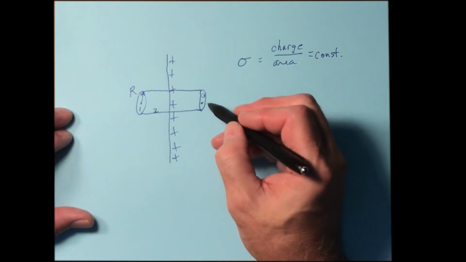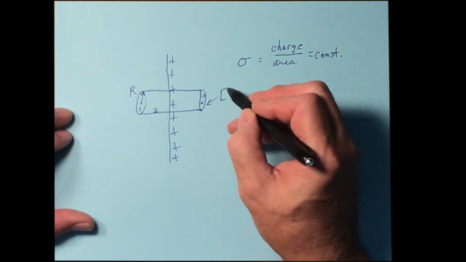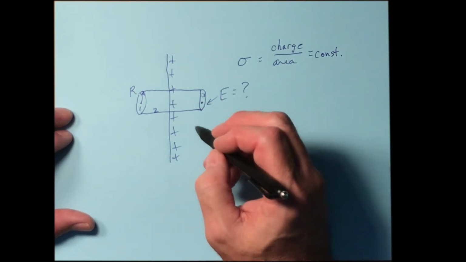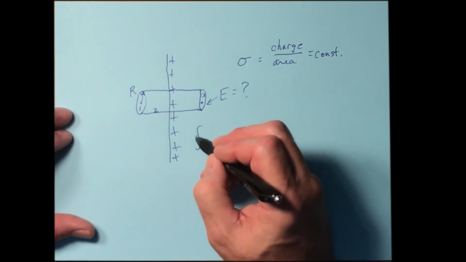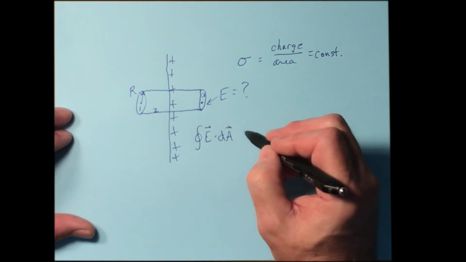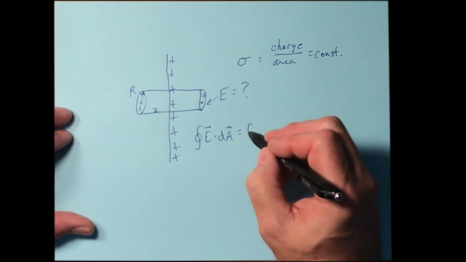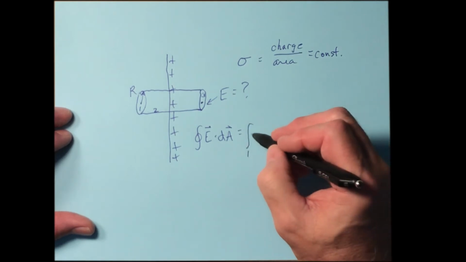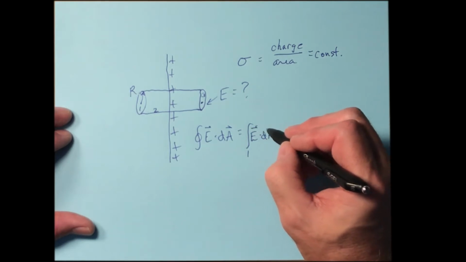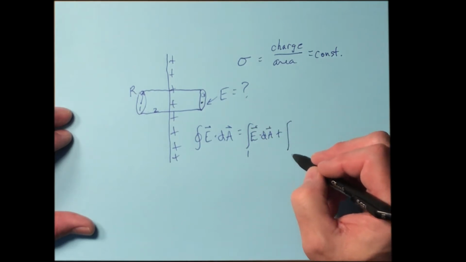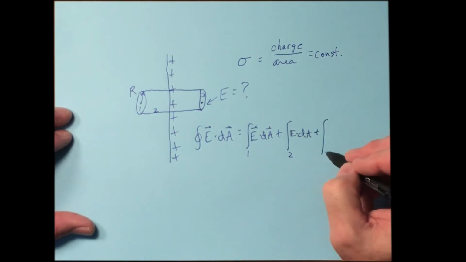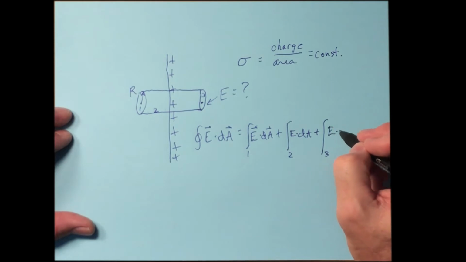Okay, I want to know the electric field at that point right there. So E equals what? Well, we can use Gauss's law for this. The closed integral of E dot dA is going to be equal to the integral over area 1 of E dot dA, these are all vectors still, plus the integral over area 2 of E dot dA, plus the integral over area 3 of E dot dA.